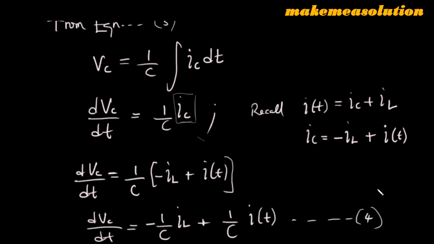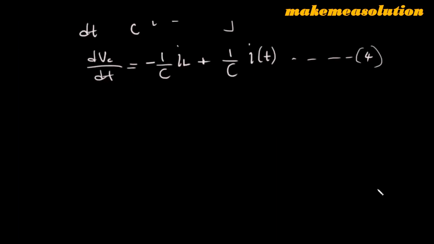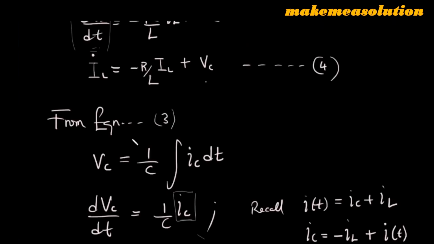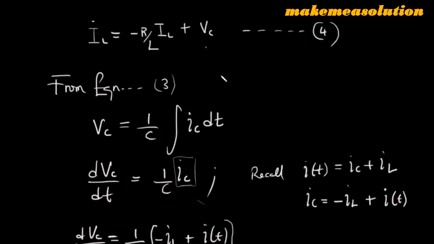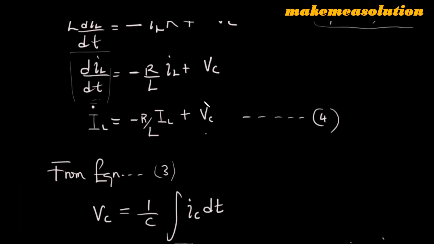So let's put equation 3 and equation 4 together. From equation 3, we obtained that dIL by dt is equal to minus R over L IL plus, okay, I think I made a mistake.